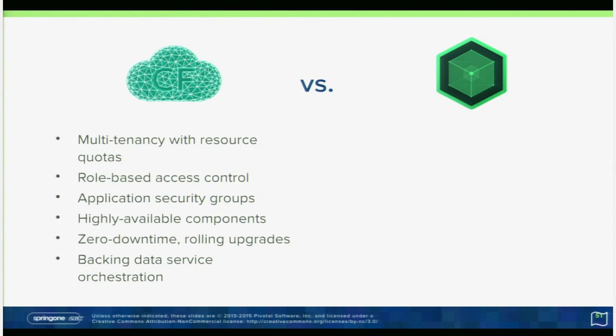So if you look at Cloud Foundry, it supports multi-tenancy, it supports resource quotas, role-based access controls, security groups, highly available components, zero downtime rolling upgrades of the platform itself, all this service marketplace and orchestration around services. You probably need all that stuff, and you're probably going to want to use, if you're in that kind of a world, CF.